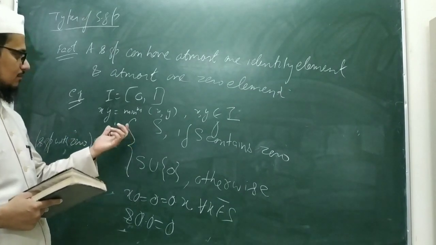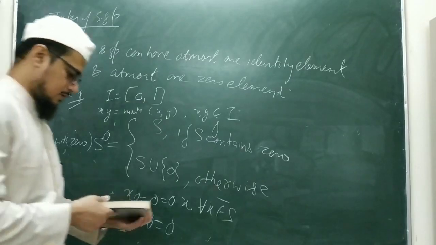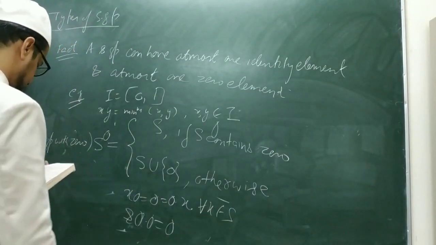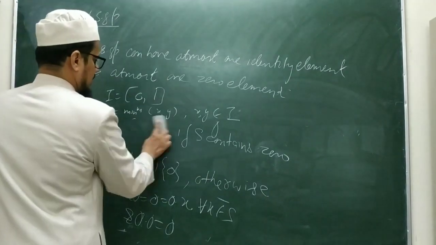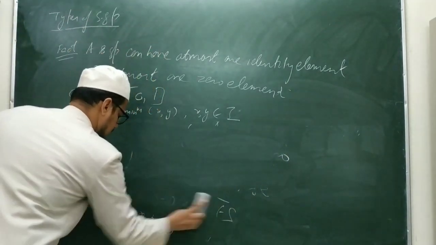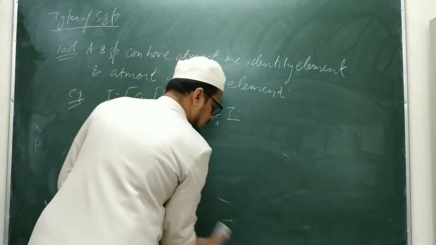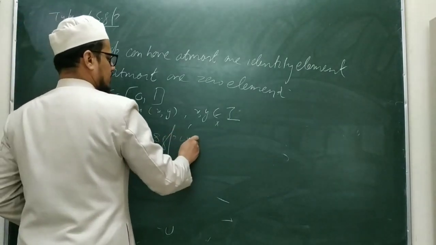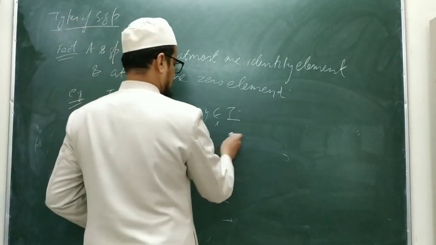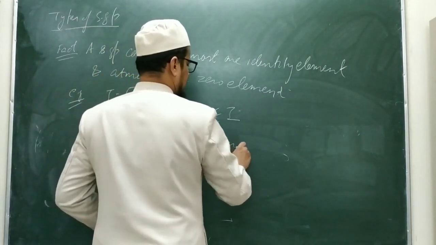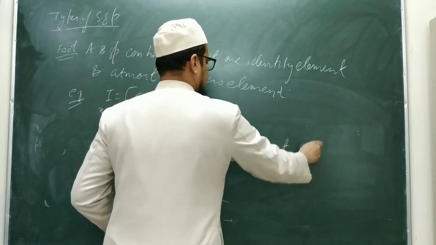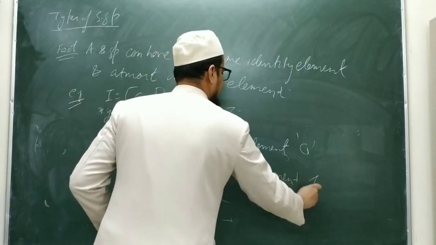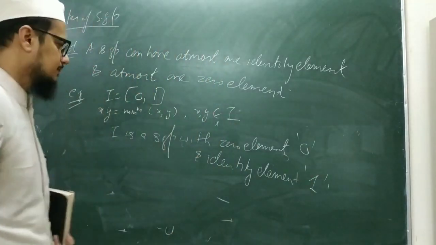You can just verify by yourself. This is a semigroup with zero element 0 and identity element 1.